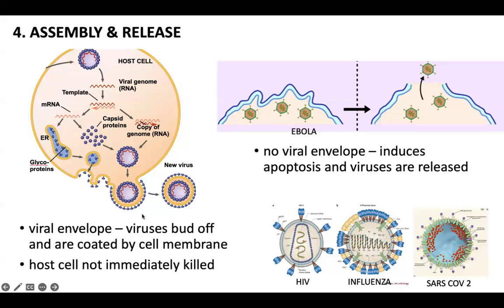And in doing so, they're coated by the cell membrane, right? So that becomes the viral envelope. In doing so, the host is not immediately killed. And so it'll remain kind of an intact cell, and more copies of the virus can bud off.